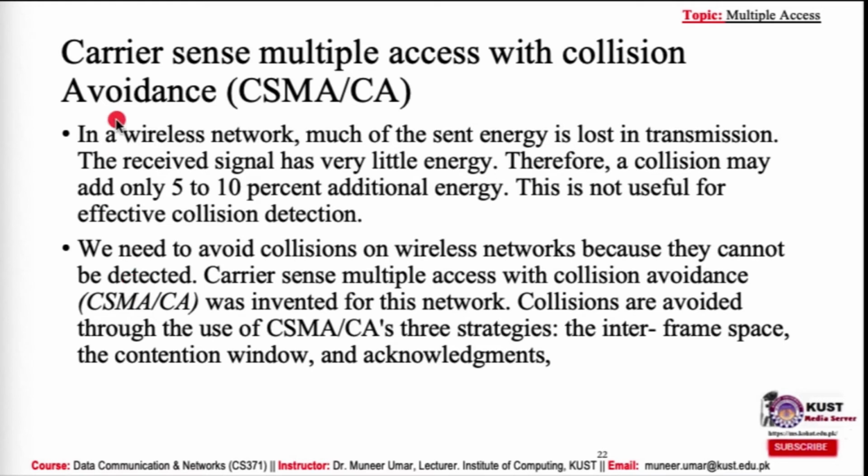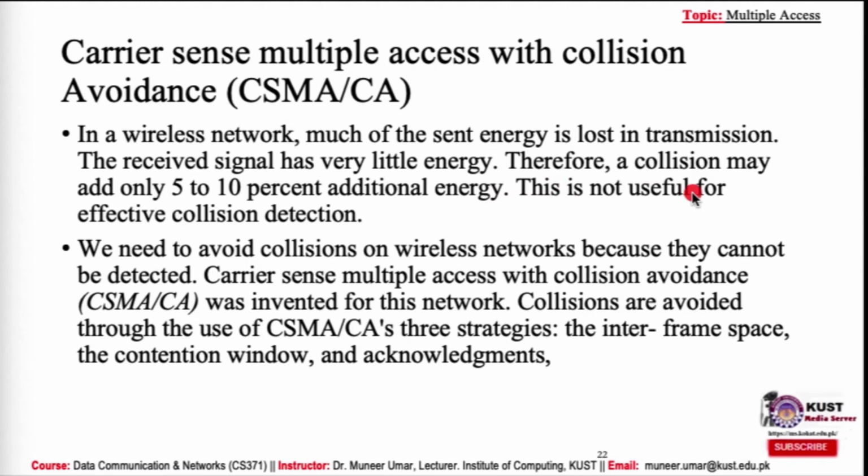However, in wireless networks, much of the sent energy is lost in transmission. The received signal has very little energy, therefore a collision may add only 5 to 10% additional energy, which means that the detection would be a bit difficult due to the energy loss of the received signal.